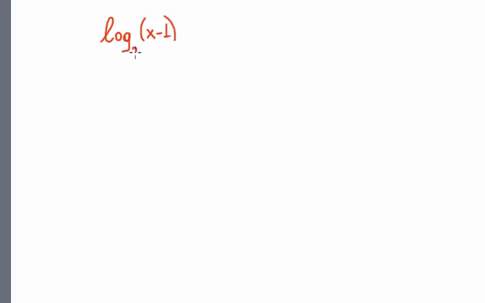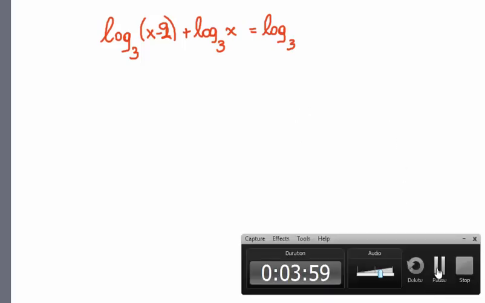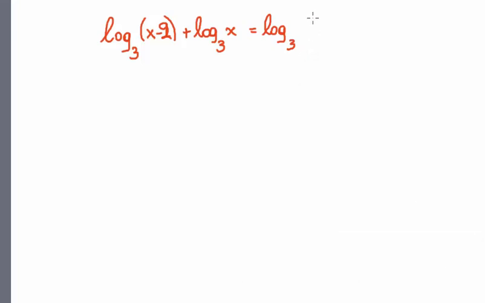Let's assume that you have logarithm base 3 of 2, plus logarithm with base 3 again of x, and we want to set this equal to log with base 3 of the number 3.